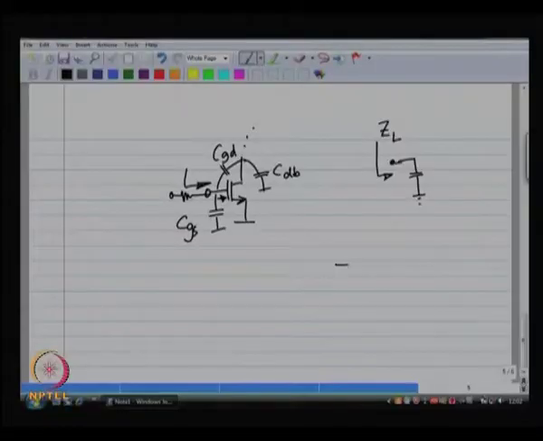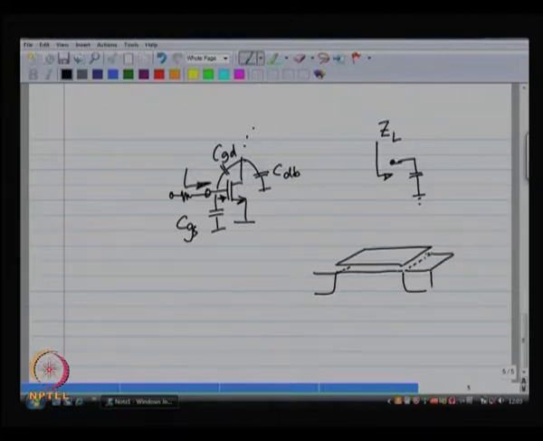So, if I want to spread so much charge onto the gate, it looks like a capacitor. This is the channel beneath the gate, right. So, the gate looks like two parallel plates.